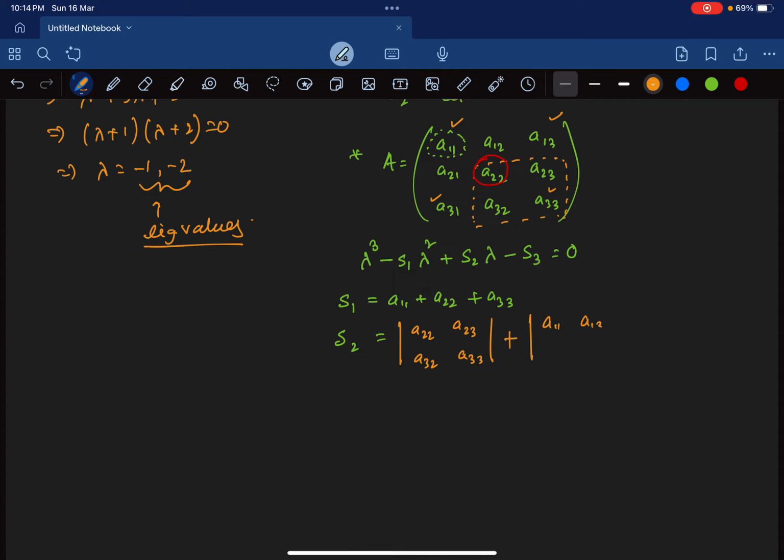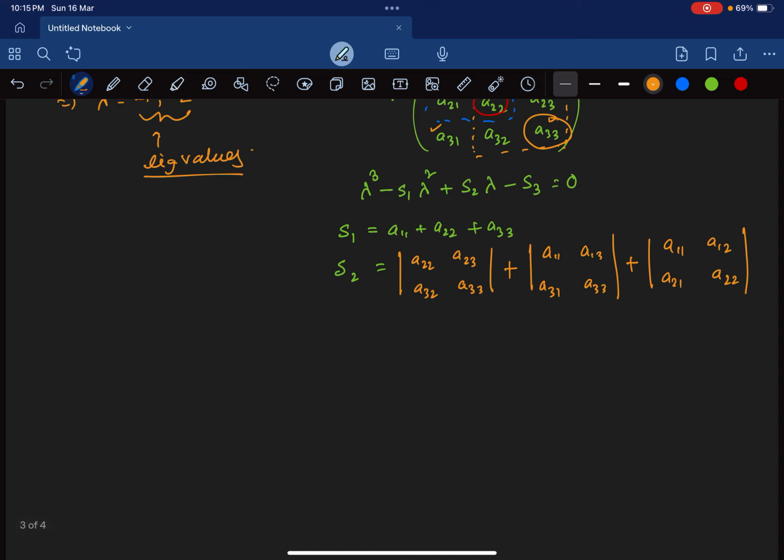So what you have, A11, A13, A31, A33 plus, if you consider this element, this part will be the minor, so you can write this, that is A11, A12, A21, A22. Okay, so that is S2.